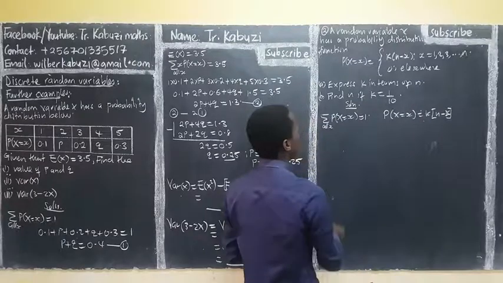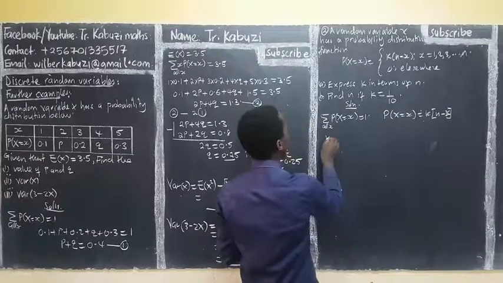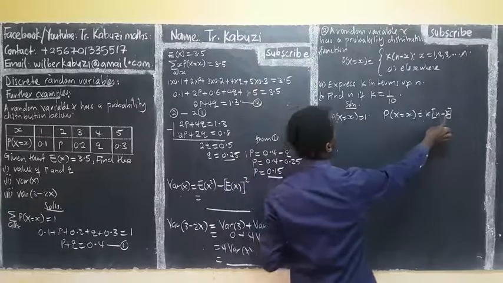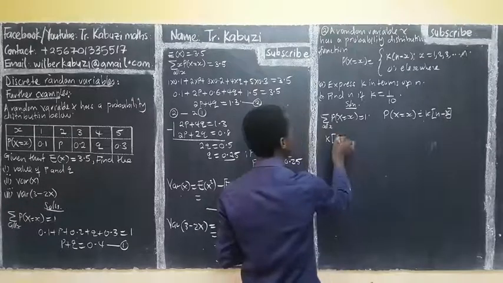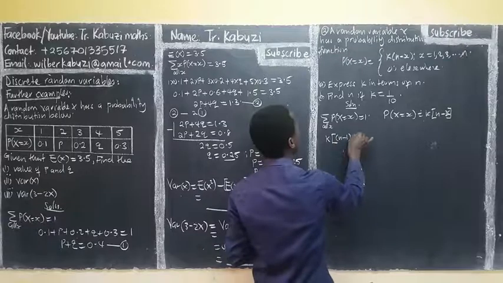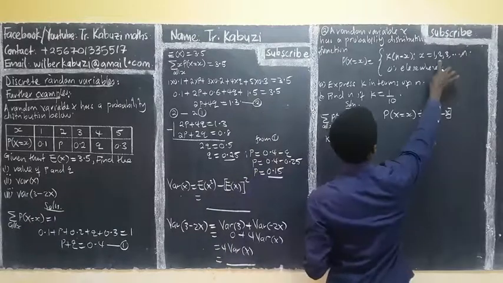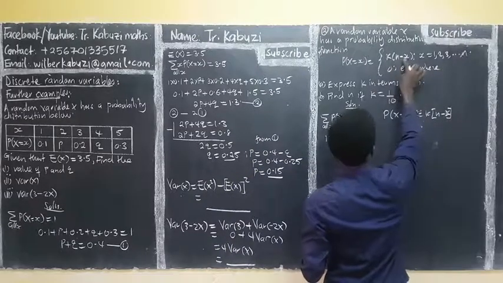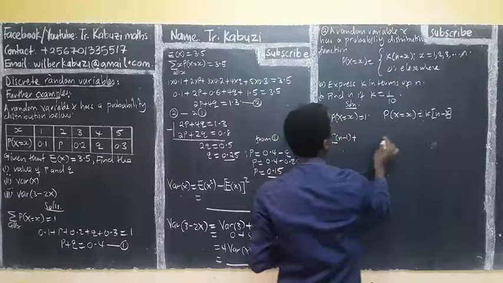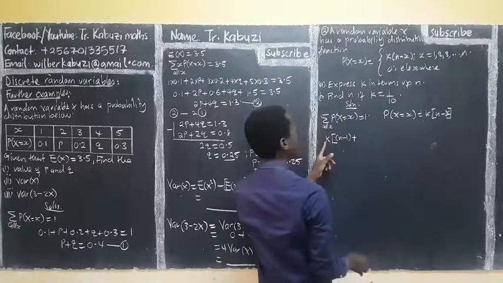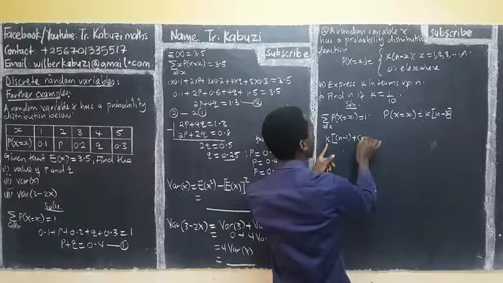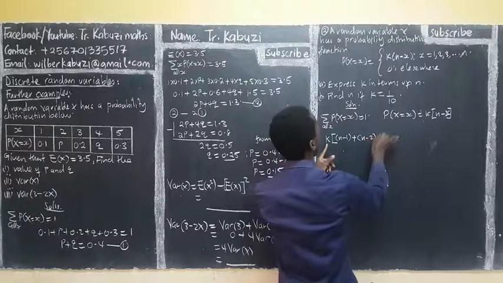Remember, I'm going to keep on adding. So when x is 1, I have k into, when I put here 1, I'll be adding n minus 1. Then plus, when x is 2, remember, I factorized k out, so I'm going to have n minus 2 plus.